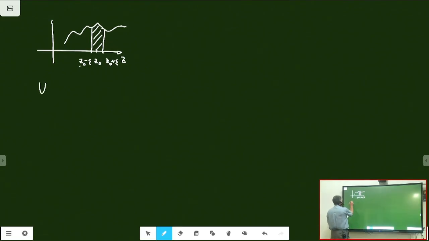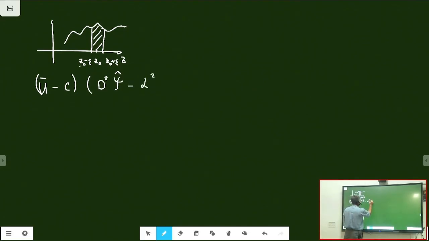So (U bar minus c), and we decided that this will be just c to simplify the notation, (d squared psi hat minus alpha squared psi hat) minus psi hat multiplied by d squared U bar is equal to 0.